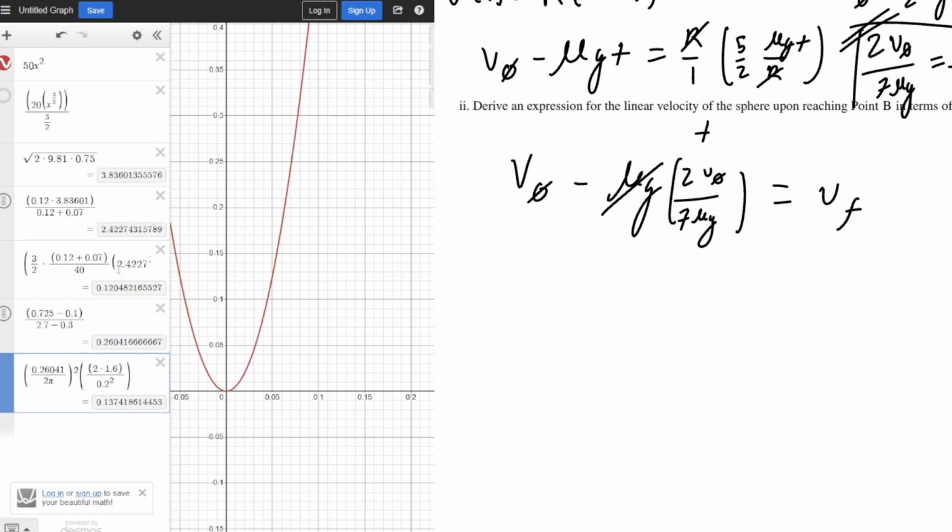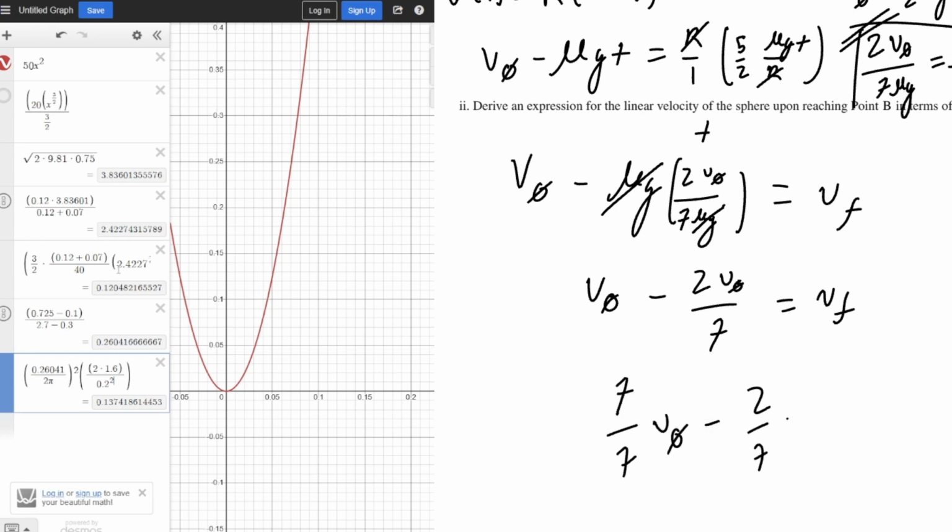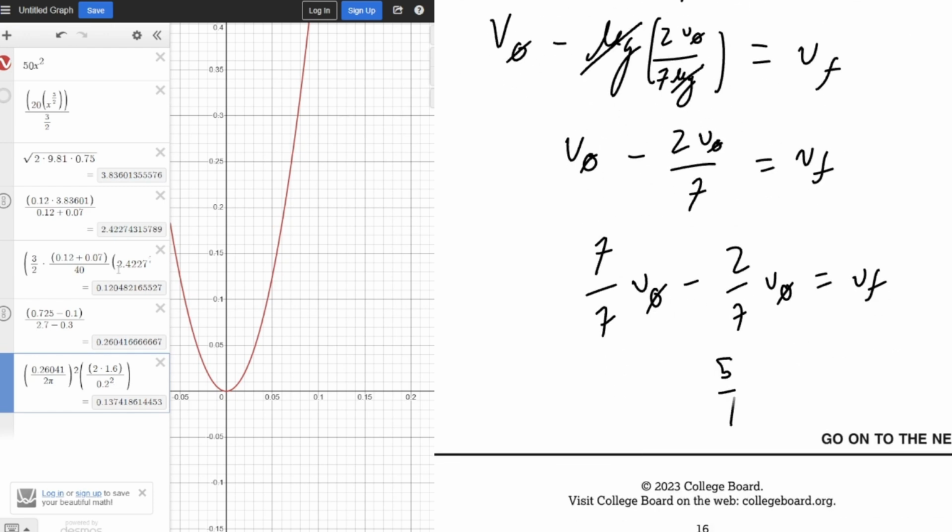I see mu g on top and bottom, so I'm going to cancel those. Now it becomes V naught minus 2 V naught over 7 equals V final. Well, 1 is 7 over 7, so 7 over 7 V naught minus 2 over 7 V naught equals V final. That means 5 over 7 V naught equals my final velocity.